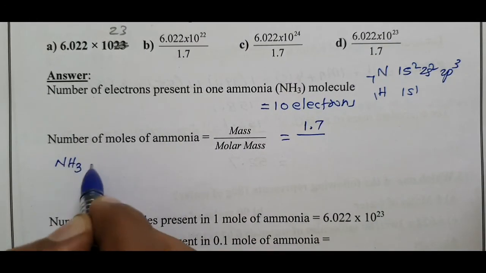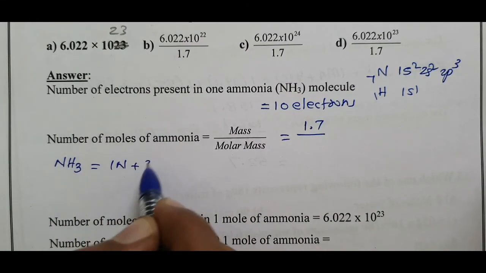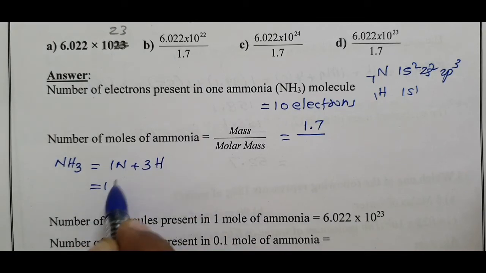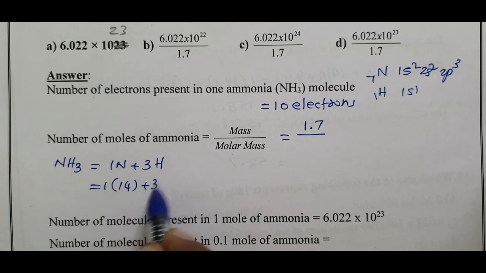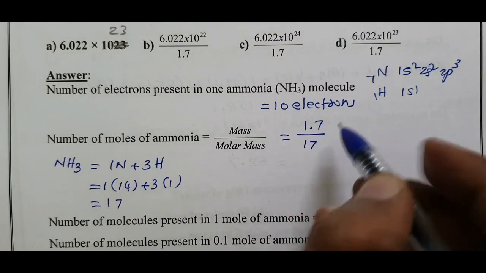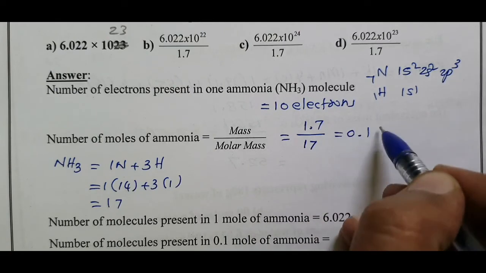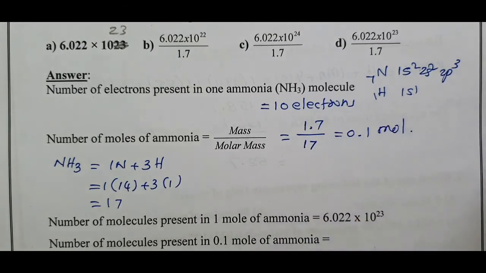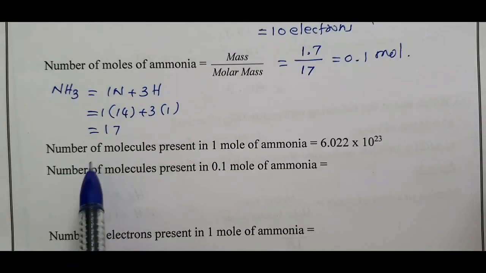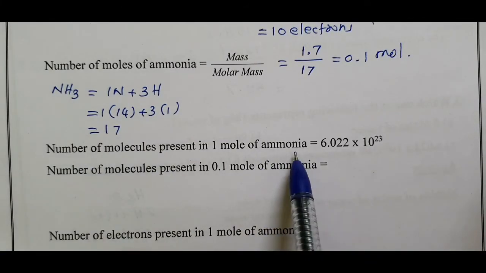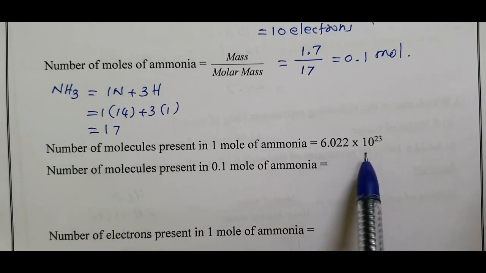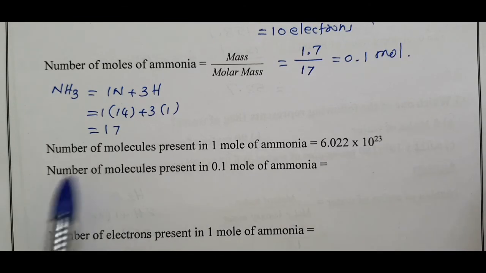Ammonia, NH3, consists of 1 nitrogen and 3 hydrogen, that is 1 into nitrogen atomic mass 14 plus 3 into hydrogen atomic mass 1, that is equal to 17. 1.7 by 17 equals 0.1 mole. Now, the number of molecules present in 1 mole of ammonia is the Avogadro number, 6.022 into 10 power 23.